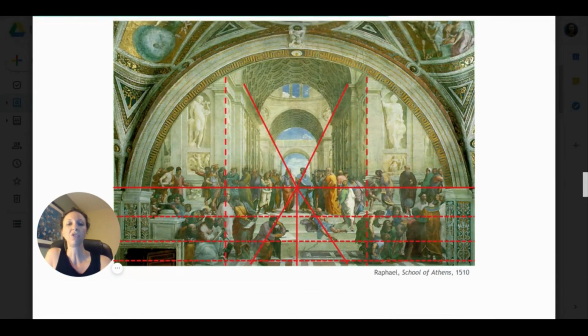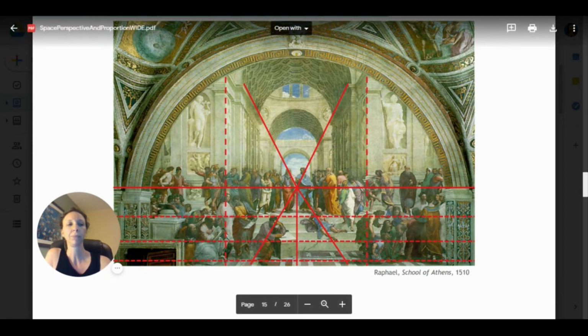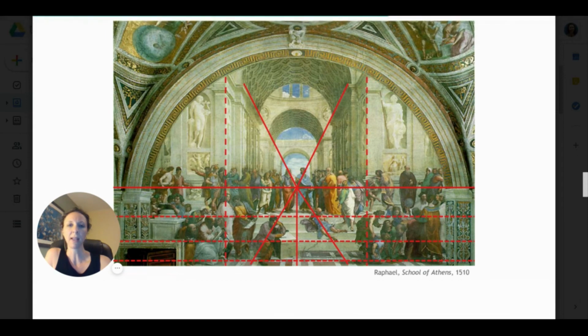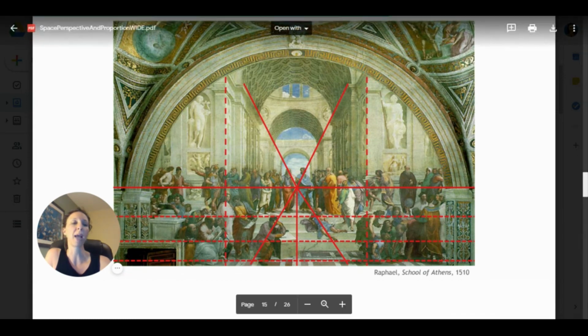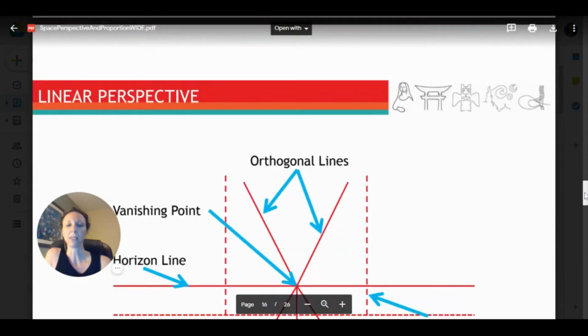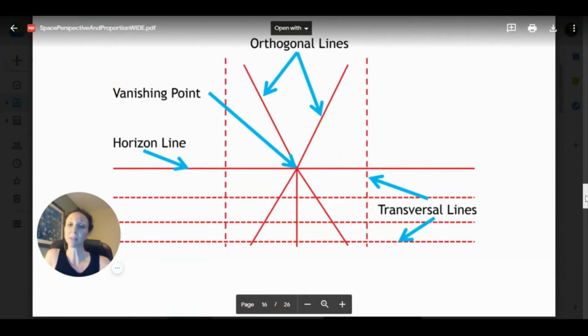Certainly, we have vertical lines for the walls, and obviously horizontal lines for the floor. And also, you might notice this solid line here we would consider a horizon line, where the sky and the ground meet. Now, we have special names for these lines.